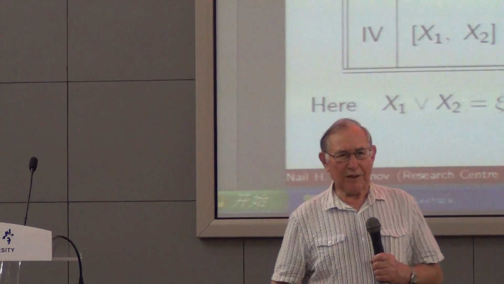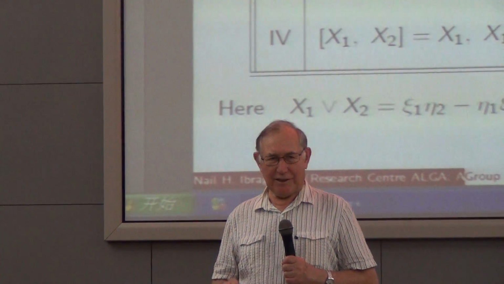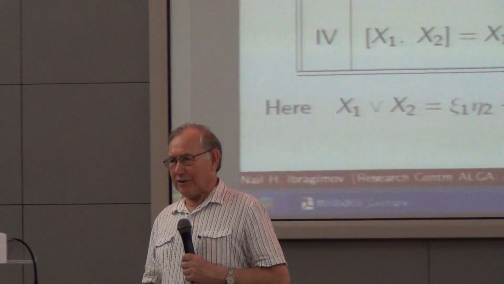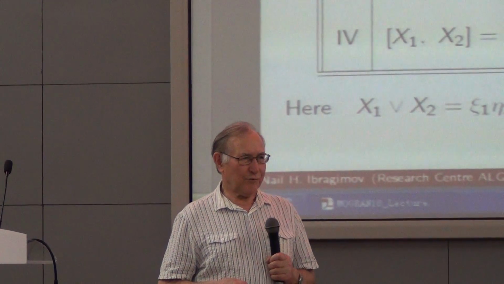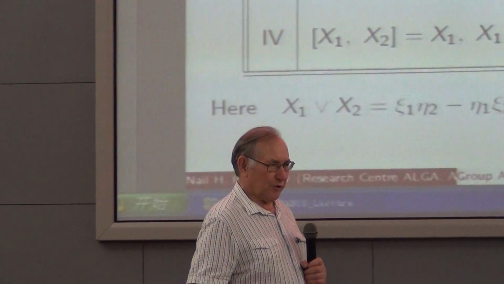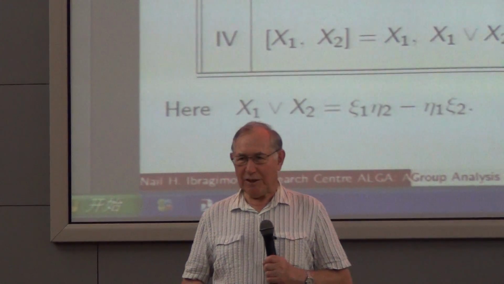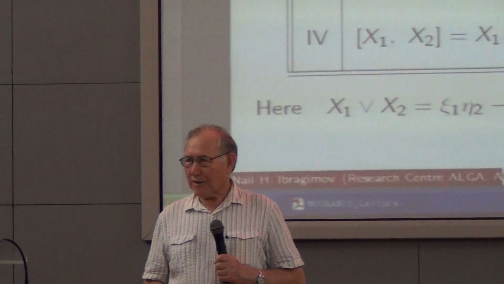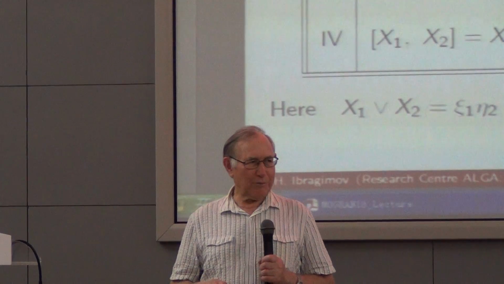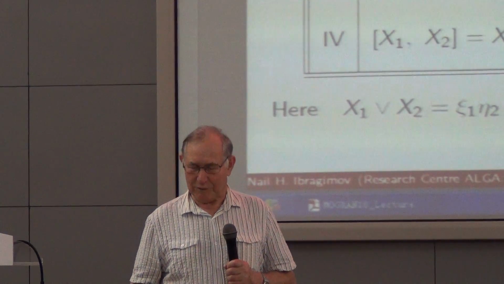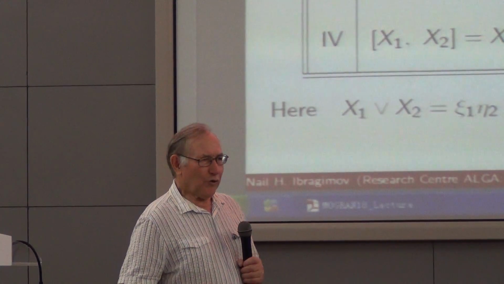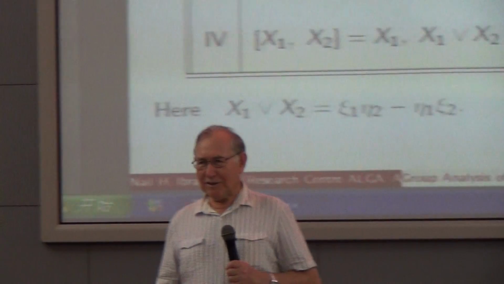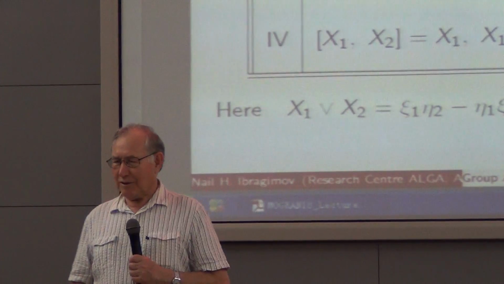Or you can find a conservation law. I'm not discussing it here, but having symmetries, you can find a conservation law. It was first shown theoretically by Noether, and after that it was not used for a long time, but nowadays it became very famous.